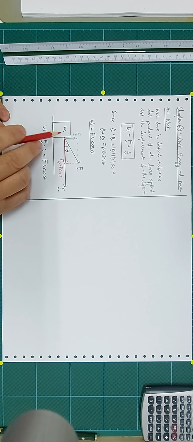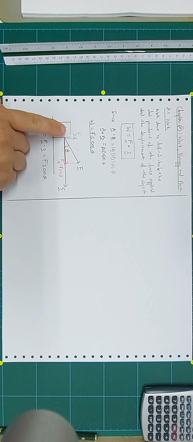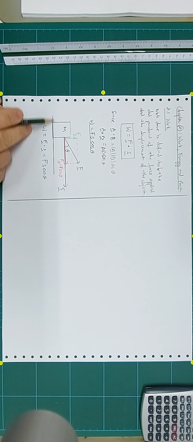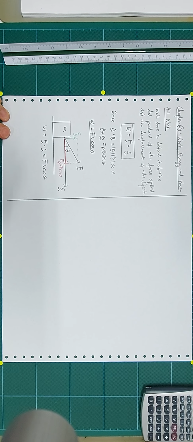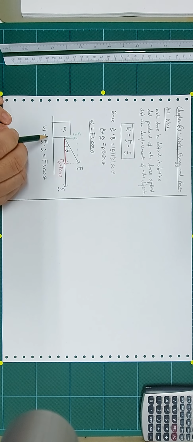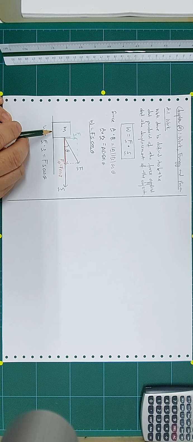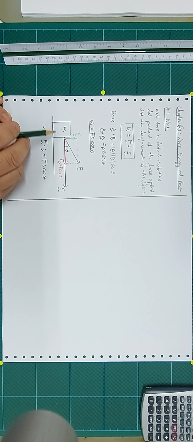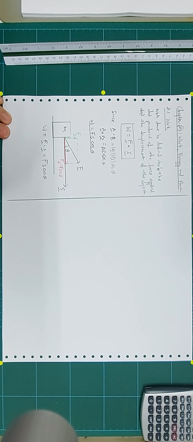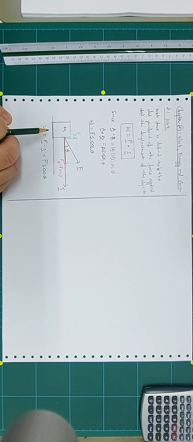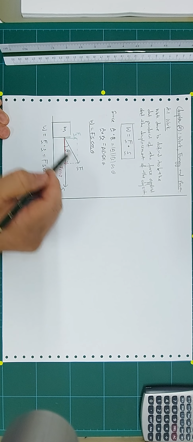Now how about the green component? This green component is only important if your surface is rough, because if the object m is placed on a rough surface and you pull it, it is going to experience friction. That friction is because of the normal reaction. Since there is a component of F perpendicular to the surface, our normal reaction will be slightly smaller if you pull the object like that.